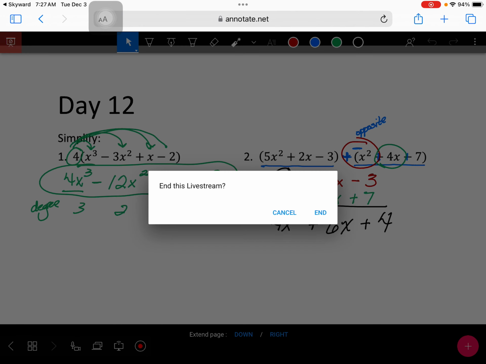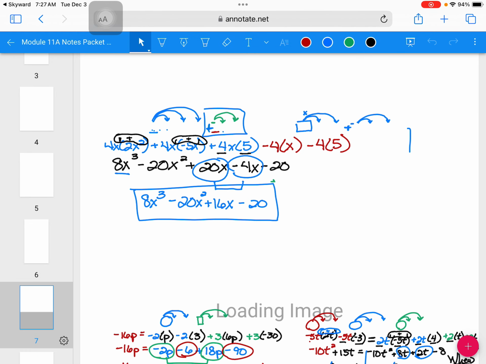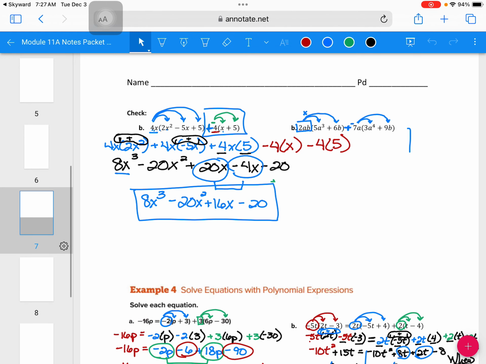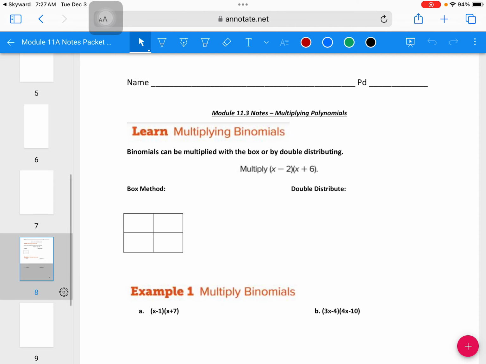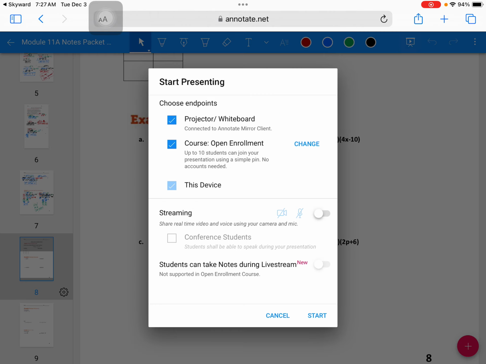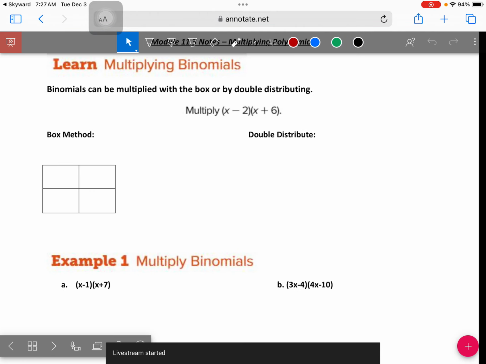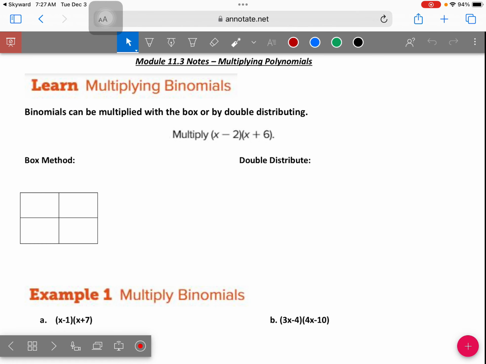All right. So let's go into your notes, please. And let's look at, it's been a while since we've been in the notes. This is page 8. Page 8. We are learning how to multiply binomials.